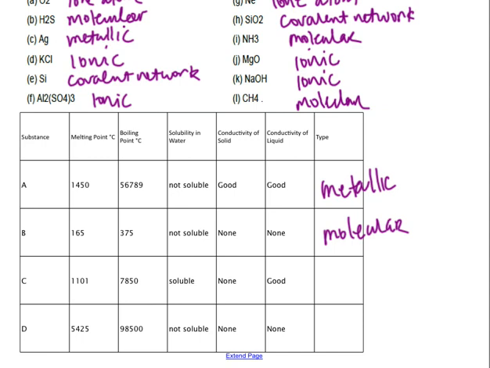The next one, pretty high melting point, soluble in water. The solid doesn't conduct, but it conducts as a liquid. Ionic. And then this last one, ridiculously high melting points. The boiling point is 98,500. Not soluble in water and does not conduct electricity. This is the covalent network, yeah. It's on steroids or something.